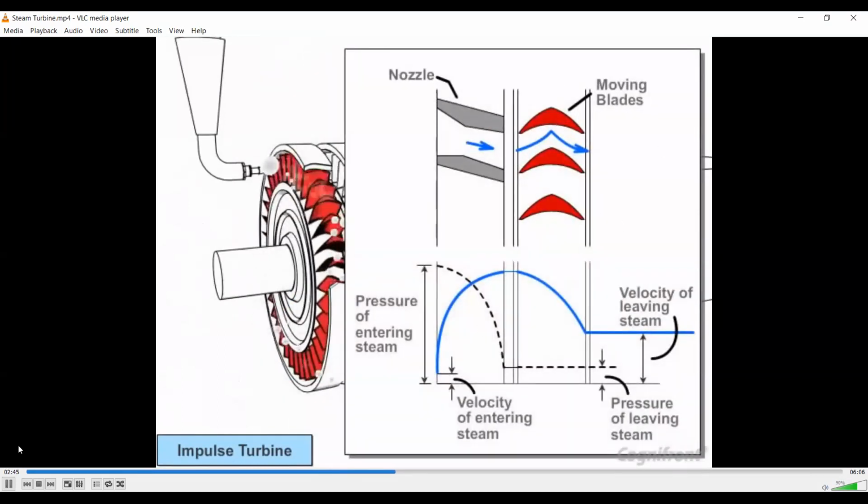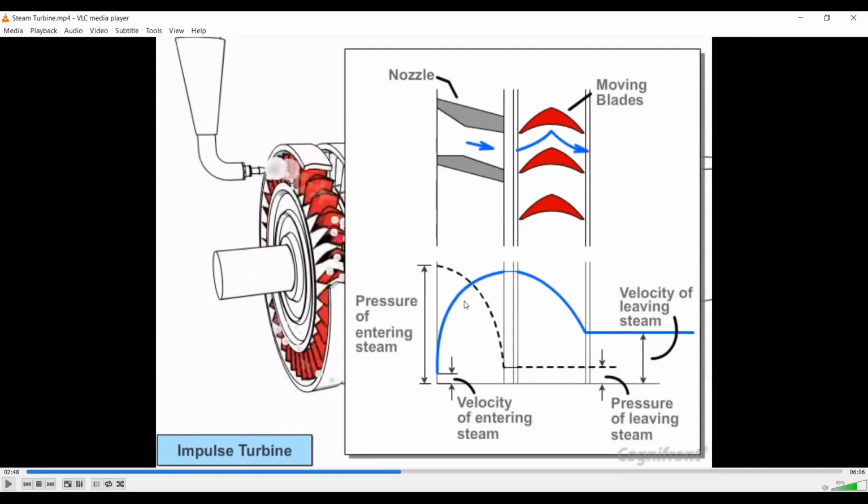Now, these are the various characteristics related to the functioning of the impulse turbine. These characteristics are based upon two factors: there is a nozzle stage and there is a blade stage. See here in the nozzle stage, this black dotted line represents the pressure.